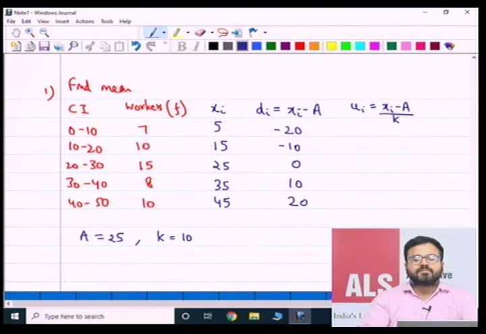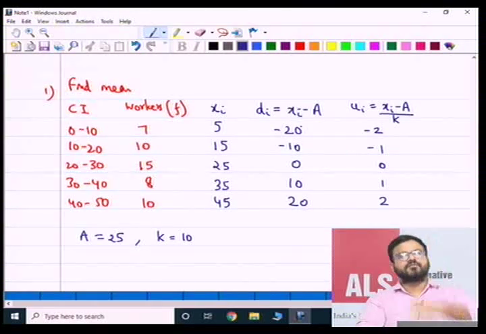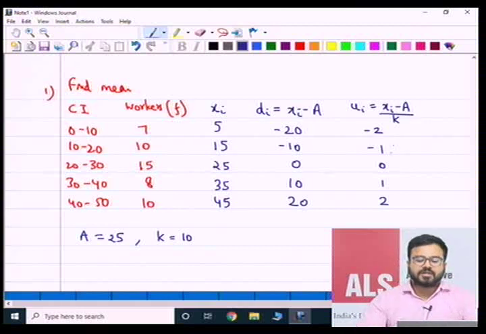So when I divide minus 20 by 10, it becomes minus 2, this becomes minus 1, then 0, 1 and 2. So now we are getting a very simple form. Okay, so now the last step is we have to multiply fi into ui.